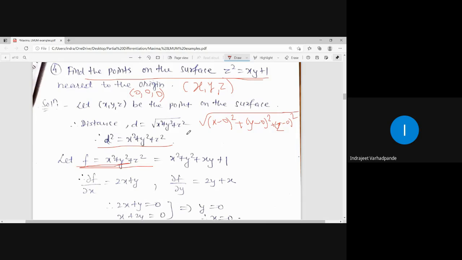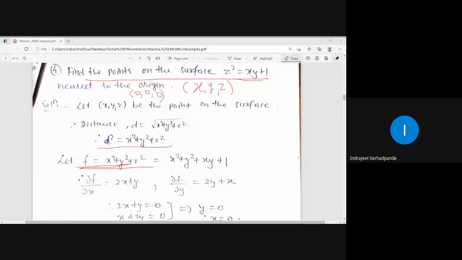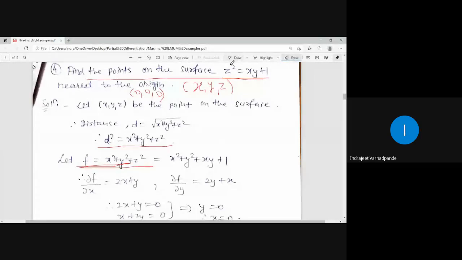From the origin means consider any one point x, y, z and take its distance from the origin. By the distance formula, everybody knows, in general the formula is x minus a the whole square.